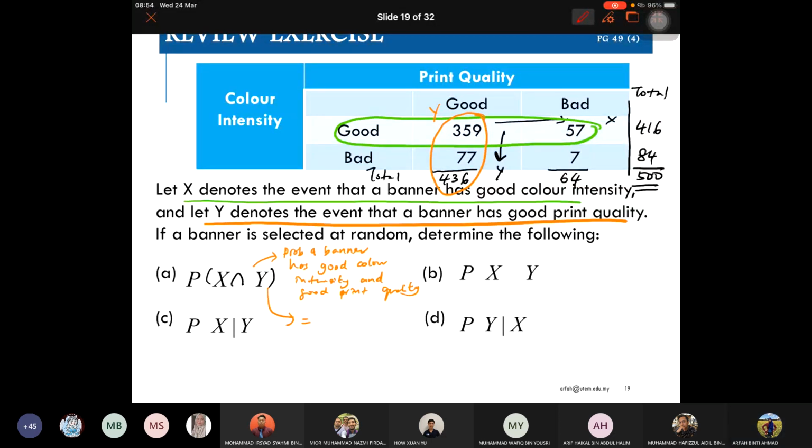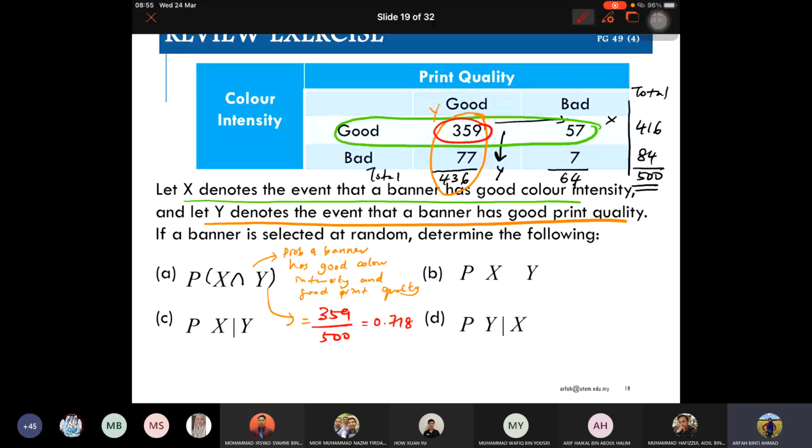Dengar tak? Tengok. 359. Berapa? Jawapan? 359. Betul. So yang ini, okay, intersect. It will be 359 per 500, sama dengan 0.718.